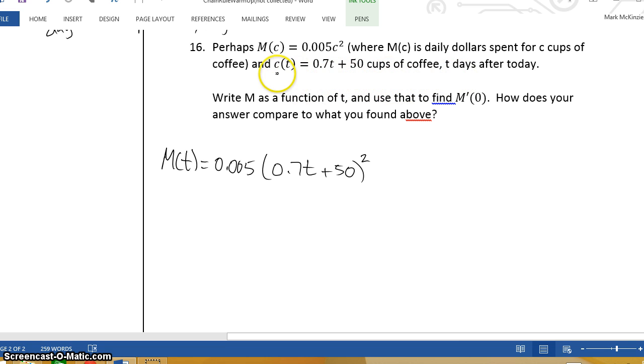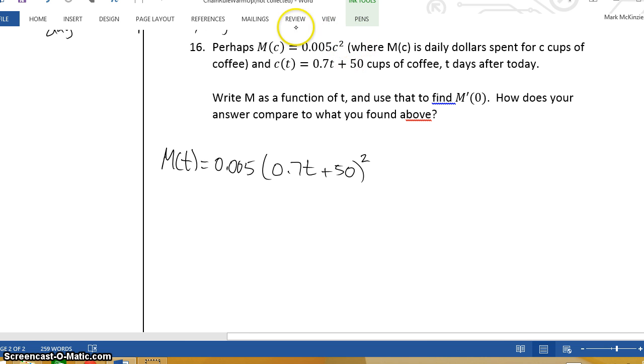And I would just point out that the number of cups of coffee really is increasing at 0.7 cups per day because the derivative of C is 0.7. And our current coffee consumption, according to this formula, when T equals 0, is 50 cups of coffee per day. When C equals 50, we could compute M of 50 and verify that that really is $12.50, as in problem 15.